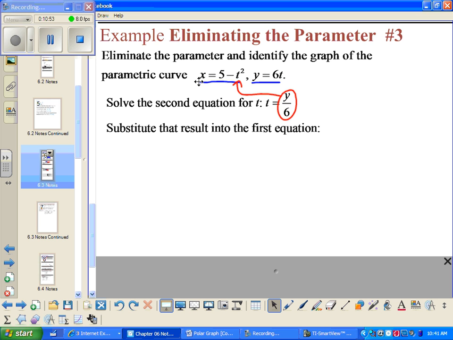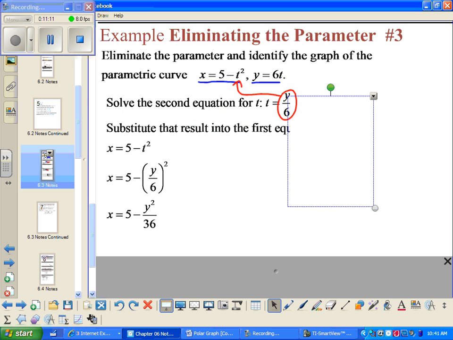And the main reason I chose to do that instead of solving the x equation first is because if I solve for the t in the x equals 5 minus t squared equation, I would end up having to use a plus or minus square root value, and that's not quite as neat as doing it this way. So when I substitute that back in, I get x equals 5 minus y squared over 36.